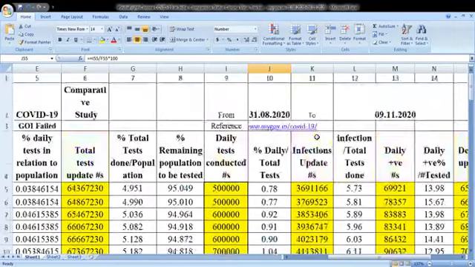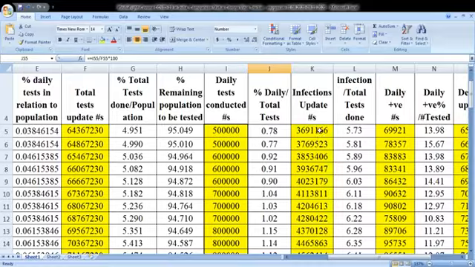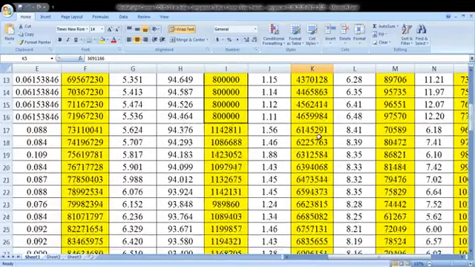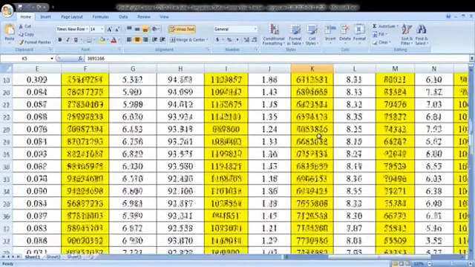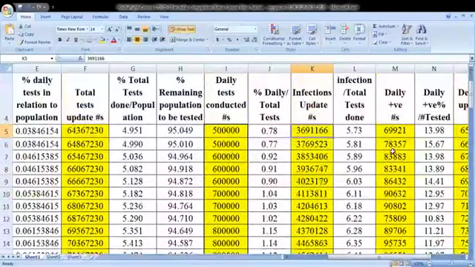Let's go to the other one, infection update. That's also how many people have been infected so far, and that is from the website. I have a contribution here: infection divided by total tests, that is K5 infection, and F5 divided by total test update.